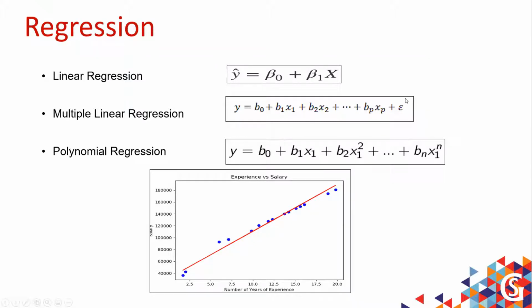We'll talk about the error later in depth, but until then, we have so many other variables that come into the picture when we are talking about the profitability of a company. The profitability of a company is dependent on the administration, the R&D, the marketing spend, and so on, and the place where they are located or based. So this becomes your multiple linear regression.